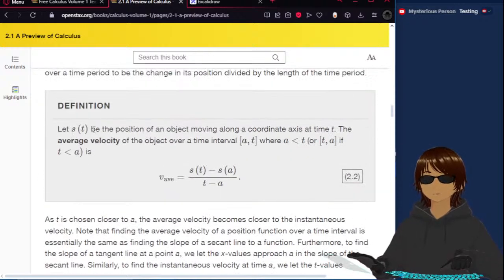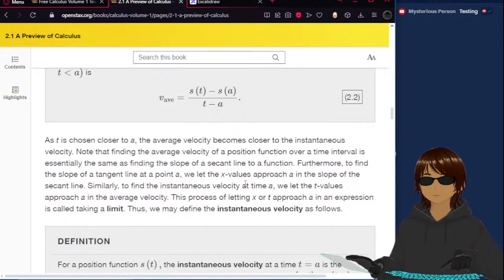Let S of t be the position of an object moving along a coordinate axis at time t. The average velocity of the object over the time interval a through t, where a is less than t, is this. As t gets closer to a, the average velocity becomes closer to the instantaneous velocity.